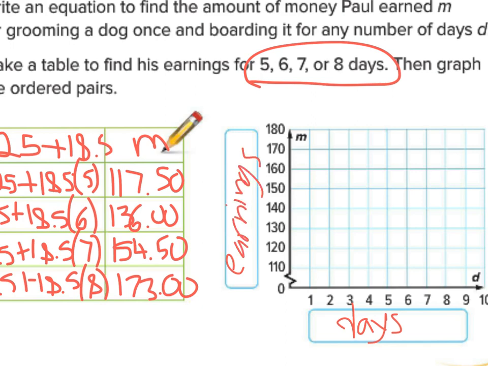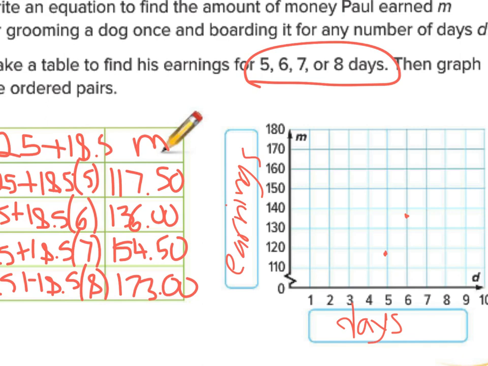Sorry for the mess, I'm just trying to do it somewhat quickly. So we have 5 days, and in those 5 days, I made almost $120, so just slightly under that, around 117. Then 6 days, just under 140. 136. 6 days, just under 140, right there.